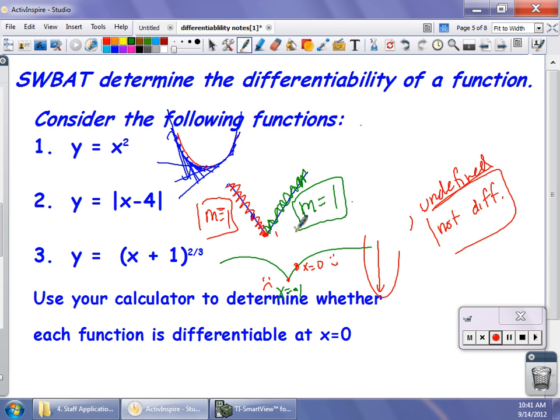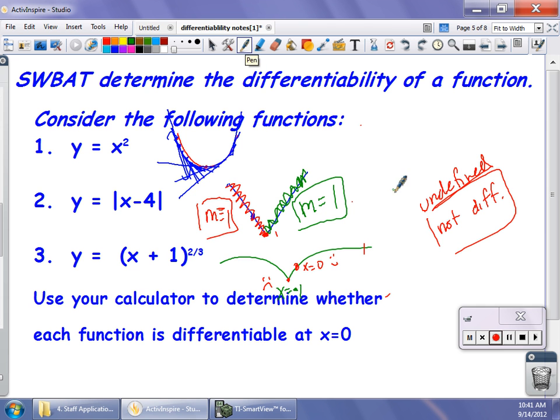So the derivative from the left is not agreeing with the derivative from the right.